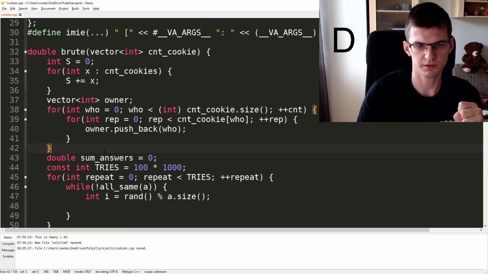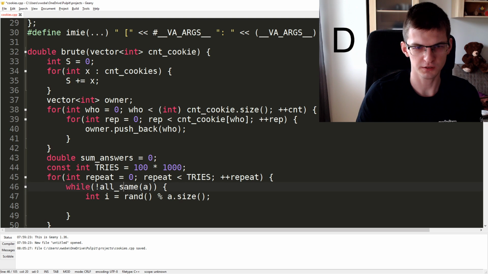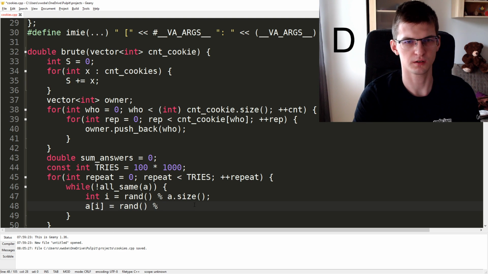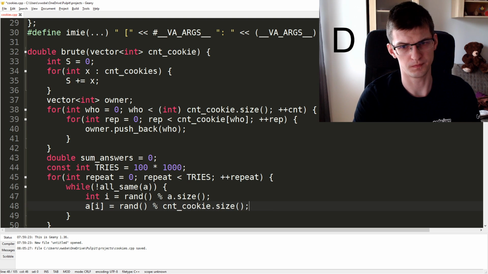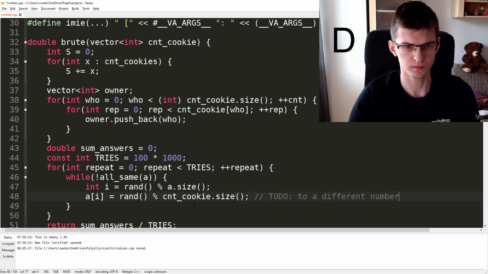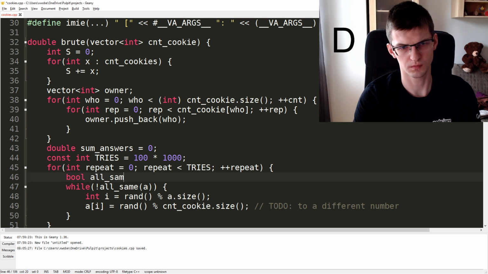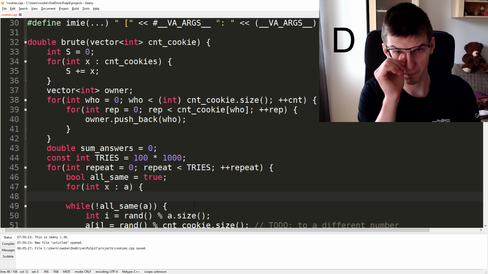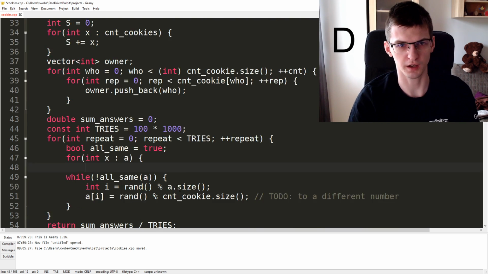Now owner will be a sequence of who owns each cookie, while not all same of A, choose a random position and change it. A of I is rand modulo the number of people. But to do to a different number. All same. No, I'm not changing A, I'm changing owner.